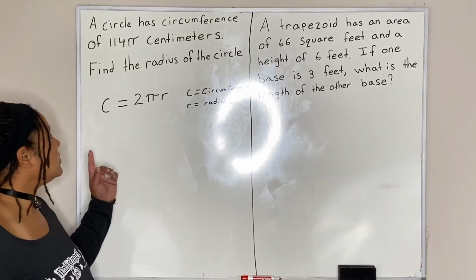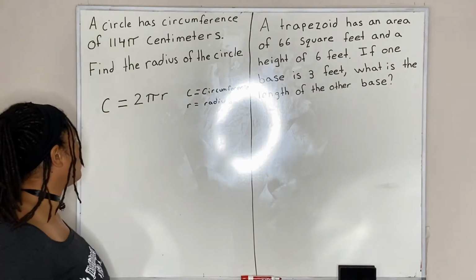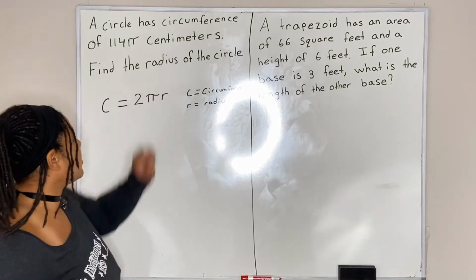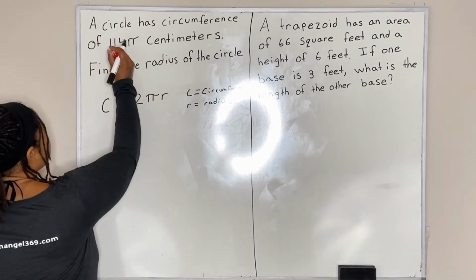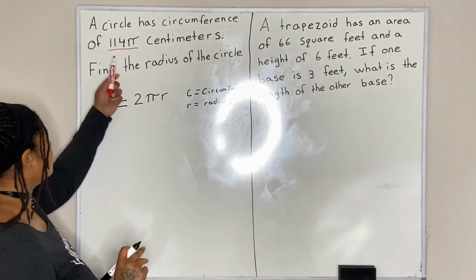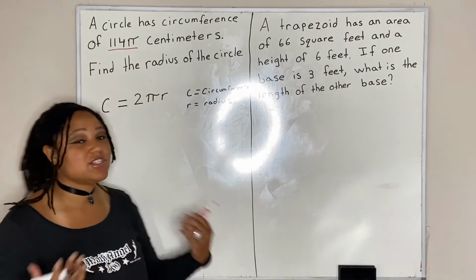And all we want to do is plug in the information that we're given into the formula. So we are given circumference. So since we are given circumference, we want to plug 114 pi in for C and solve for r.